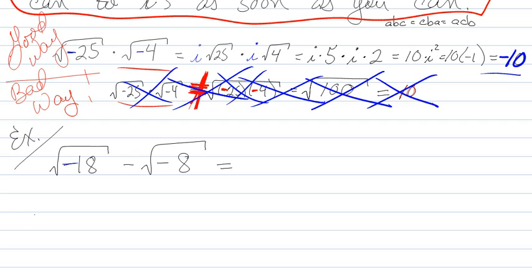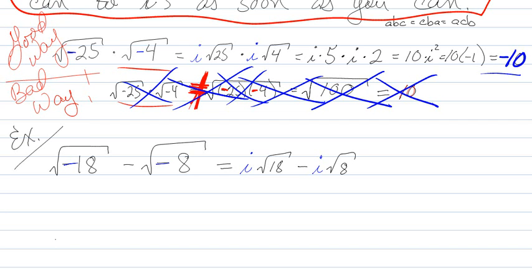So I've got the square root of negative 18. I can pull that negative out and make it i with the square root of 18 left over. This negative I can't do much about yet, but here I've got a negative inside the square root sign, so that can be pulled out to be an i, and then what's left is the square root of 8.